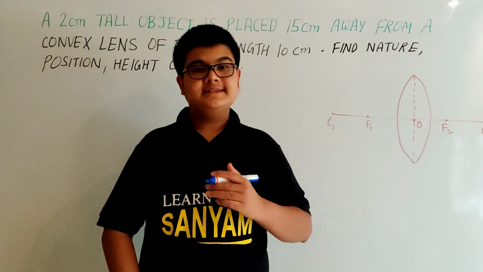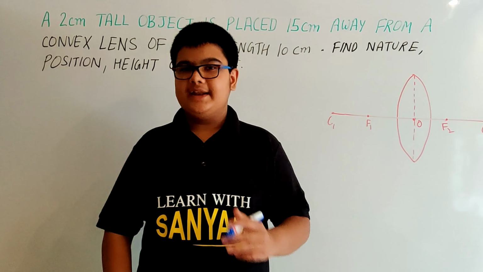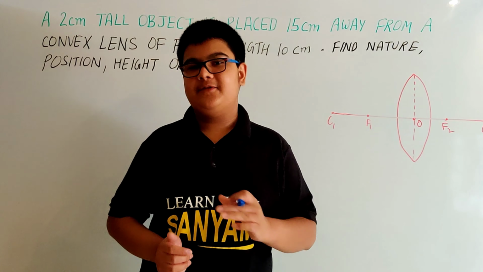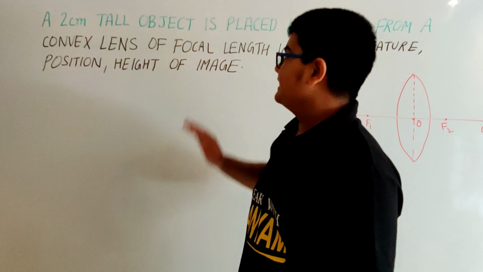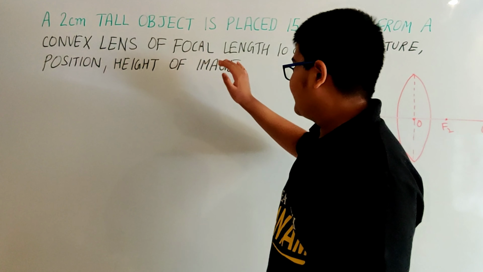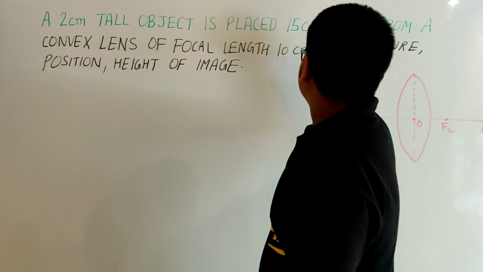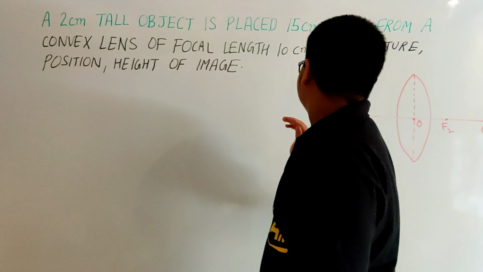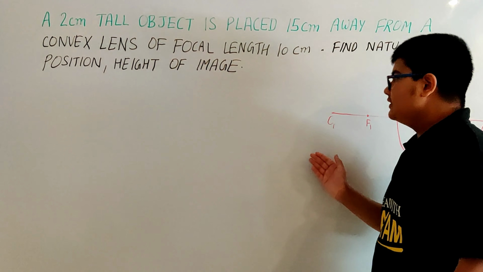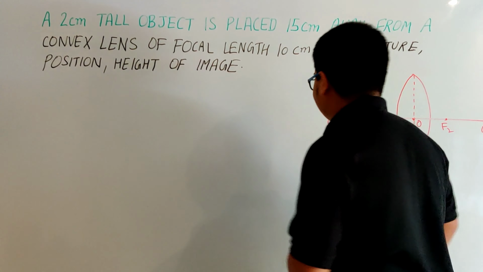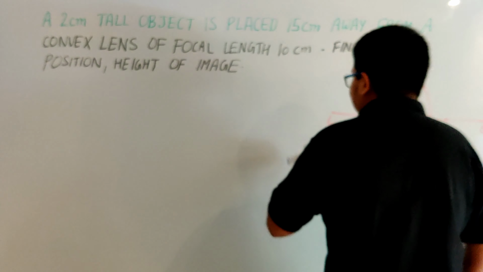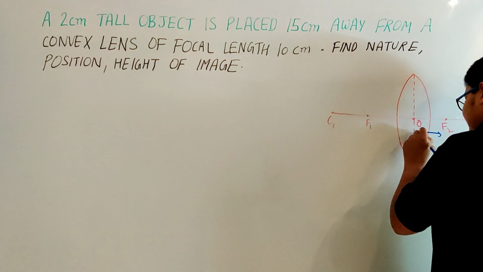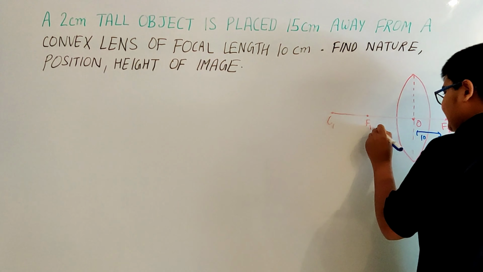Now let's solve the second numerical. This numerical is based on both magnification as well as lens formula. The question says a 2 cm tall object is placed 15 cm away from a convex lens of focal length 10 cm. Find nature, position and height of the image formed. So basically there is a lens of focal length 10 cm, 10 and 10.